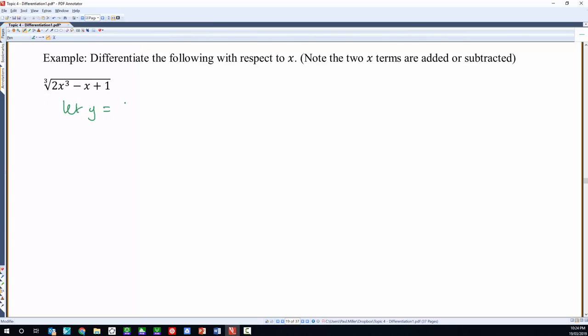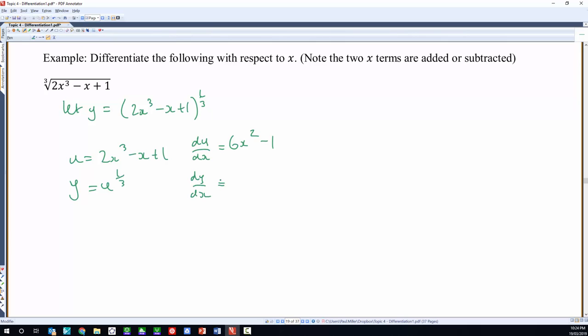So let y equal 2x cubed, take x plus 1, to the 1/3. Right, so now it's all set up for the chain rule. So u is 2x cubed, take x plus 1, and y is equal to u to the 1/3. Let's get our derivatives. du dx equals 6x squared take 1, and dy dx is equal to 1/3 u.